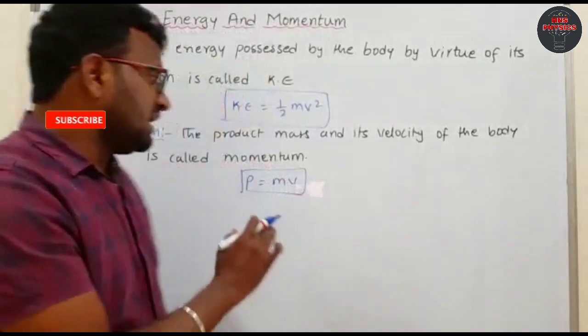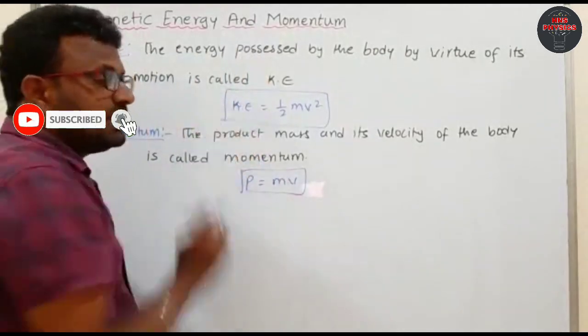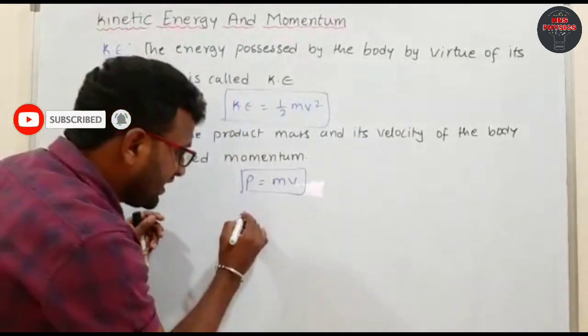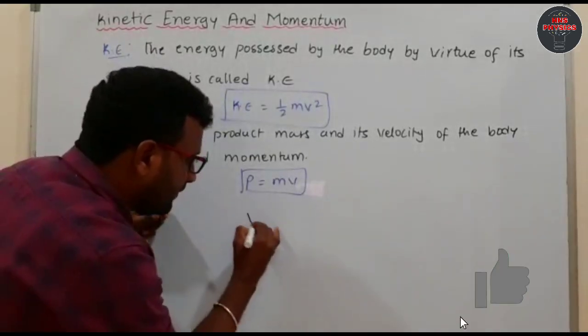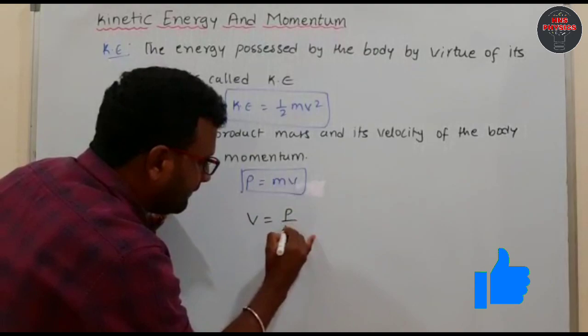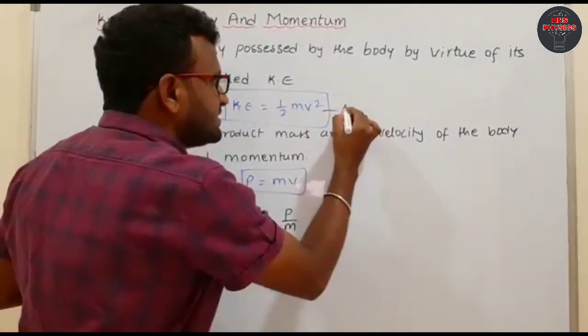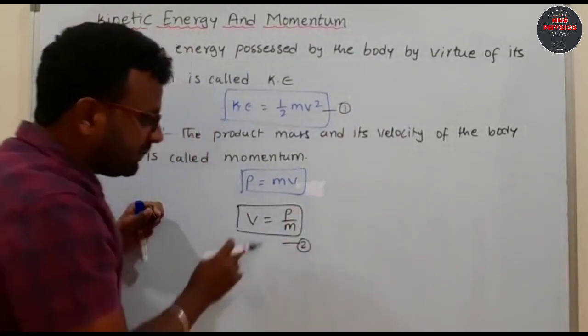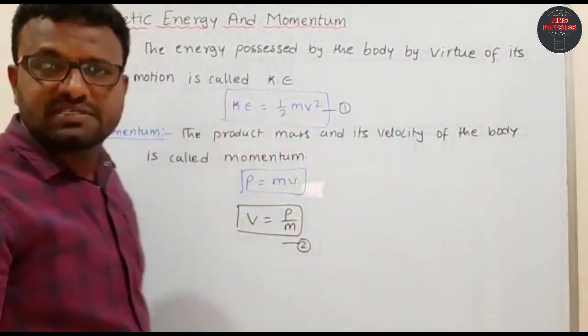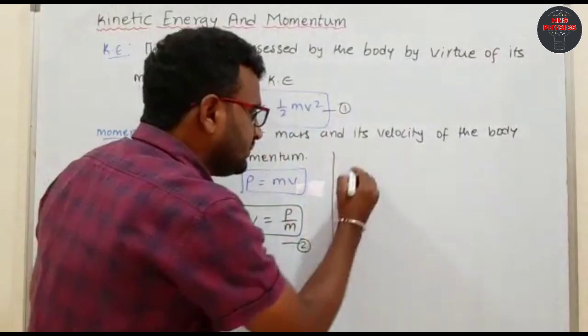So now we have to see the relation between the momentum and kinetic energy. From here I am going to write v equal to P by m. Consider this as equation 1 and this as equation 2. From 1 and 2, this v value you can substitute in the kinetic energy equation.